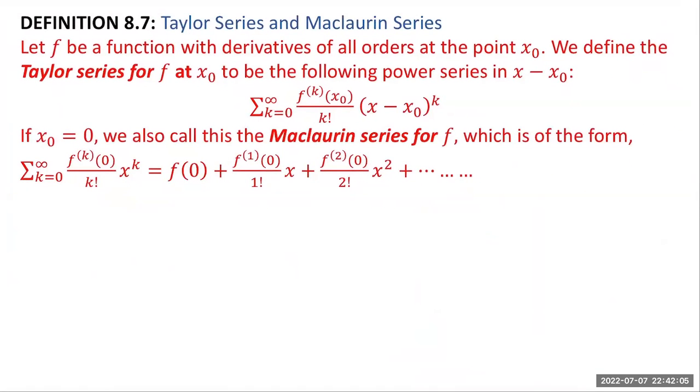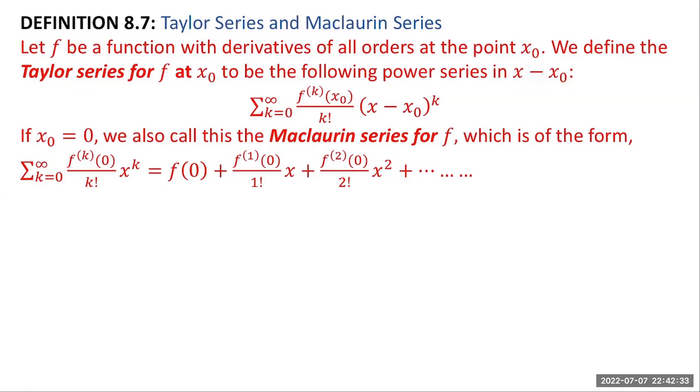Now I want to define the Taylor series. Here is the definition, definition 8.7 in the textbook. Let f be a function with derivatives of all orders at the point x naught. We define the Taylor series for f at x naught to be the following power series in x minus x naught.